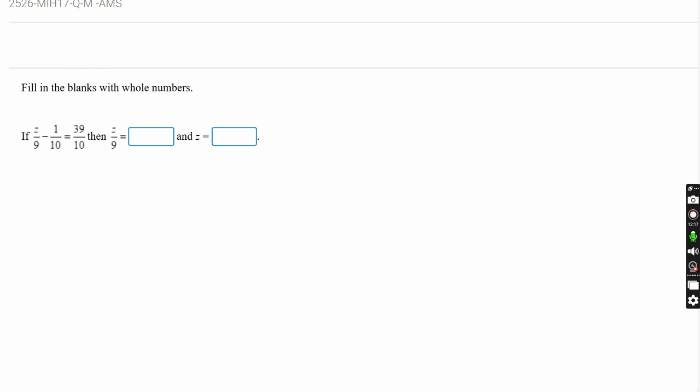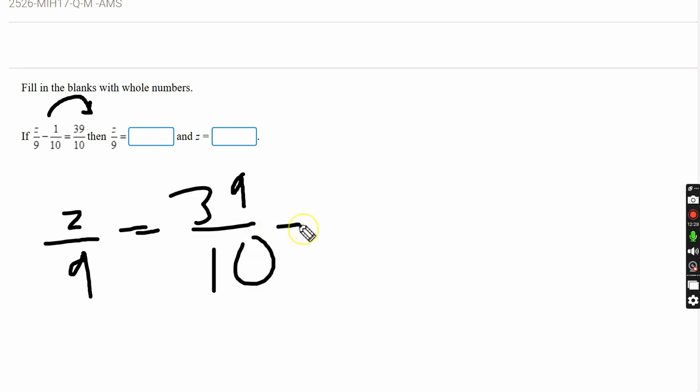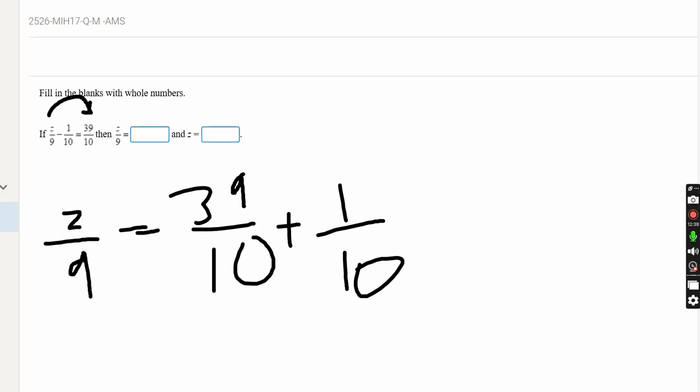Okay, now let's do this one. This is also step by step. So 7 over 9 minus 1 over 10. You take 1 over 10 to the other side. z over 9 equals 39 over 10 plus 1 over 10. So we get 40 over 10. But you simplify it, right?